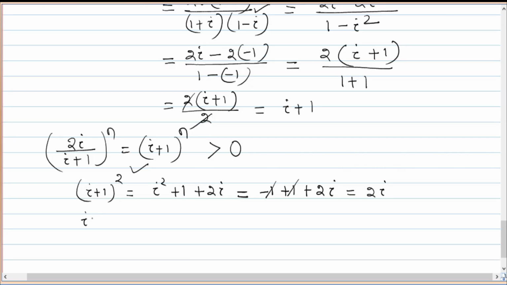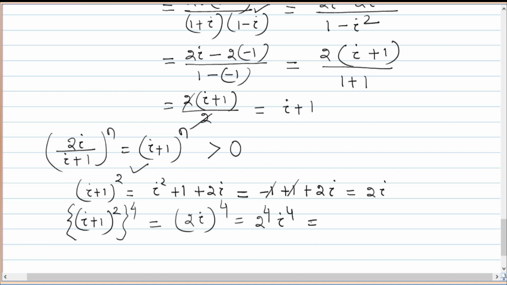So if you take (i plus 1) whole square to the power 2, that is whole to the power 4th, what do we get? 2i whole to the power 4th is nothing but 2 to the power 4 into i to the power 4. i to the power 4 is equal to 1, 2 to the power 4 is 16, which is greater than 0.